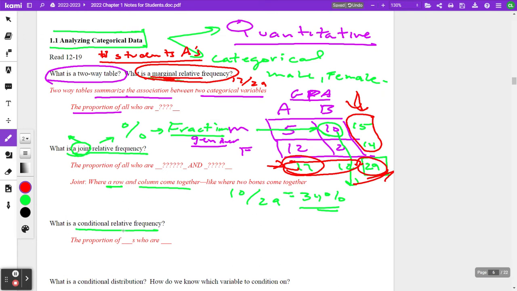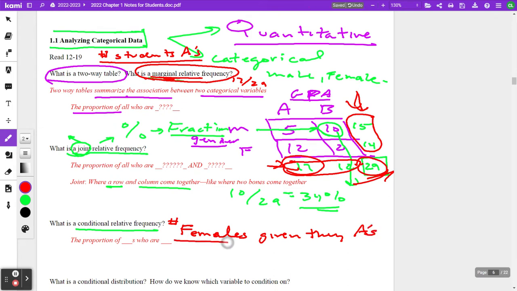Now, conditional relative frequency means we're going to say the number of females given they received A's. So we're setting a condition.